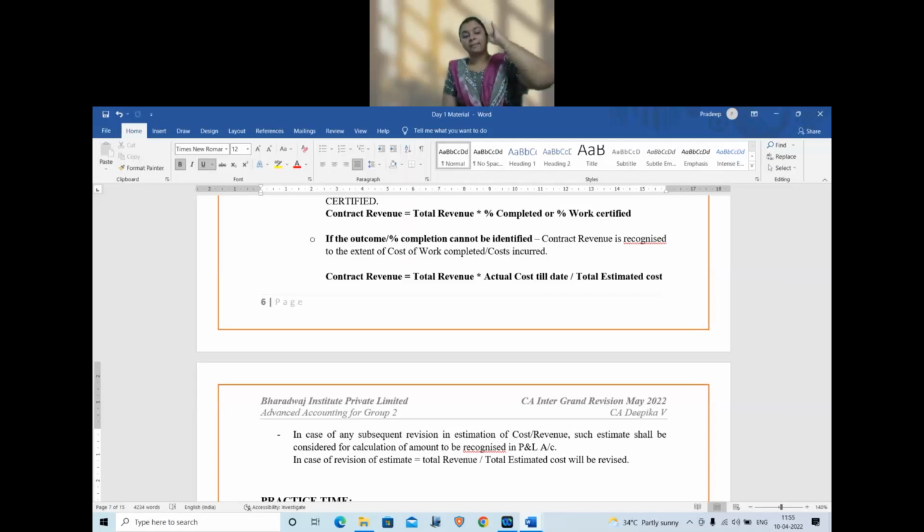And sometimes a separate question is asked where the contract cost will exceed the contract revenue and we need to take the entire loss. So these are the 4 types of questions that occur repeatedly in your AS 7. Run through the standard for 2 minutes and then we start with the practical questions.